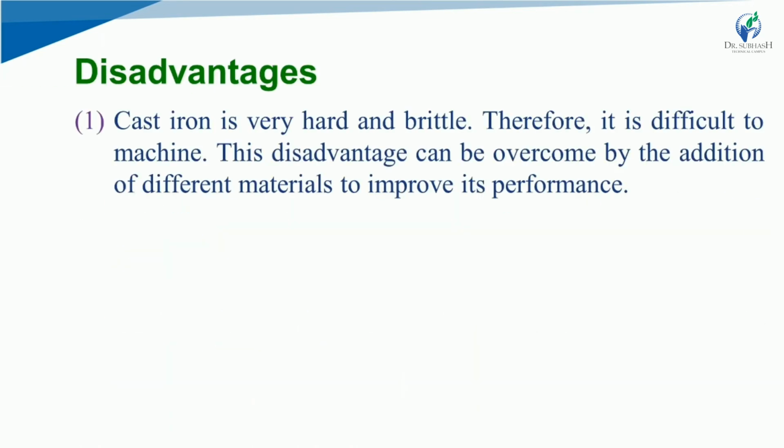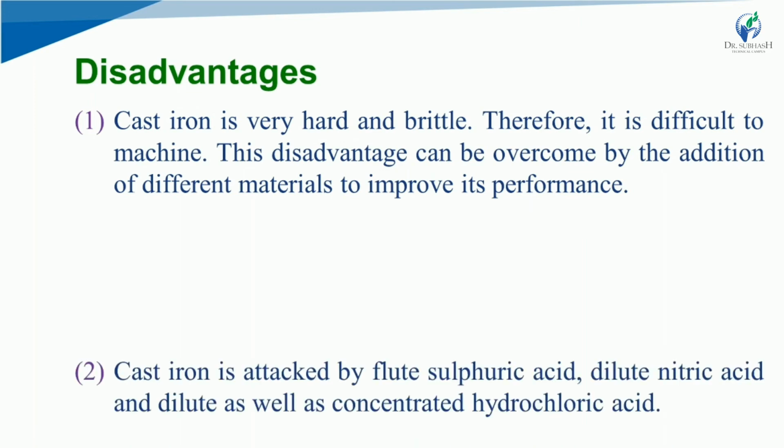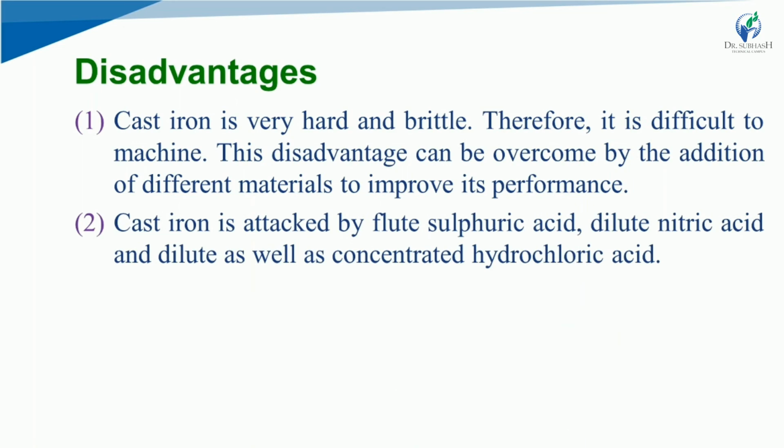Disadvantages: first, cast iron is very hard and brittle. No doubt it is tough, but it is also hard and brittle. Therefore, it is difficult to machine. This disadvantage can be overcome by the addition of different materials to improve its performance. Cast iron is attacked by sulfuric acid, dilute nitric acid, and dilute as well as concentrated hydrochloric acid.